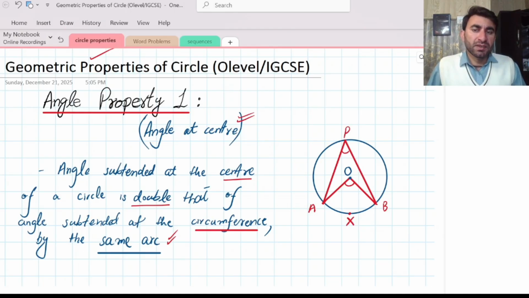So it can be written as angle AOB equals 2 times the angle APB. So if I say that angle at point P at the circumference is x, then angle at the center must be 2 times x. So that is the first angle property.